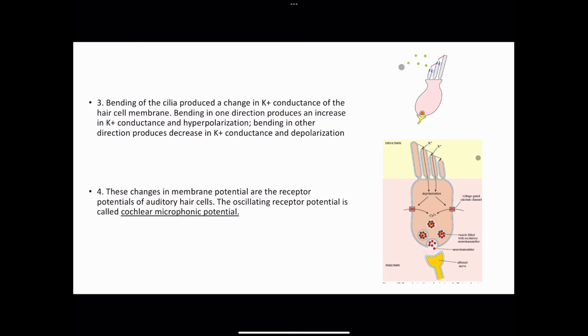Bending in one direction produces an increase in potassium conductance and hyperpolarization. Bending in the other direction produces a decrease in potassium conductance and depolarization. These changes in membrane potential are the receptor potential of auditory hair cells. The oscillating receptor potential is called the cochlear microphonic potential.